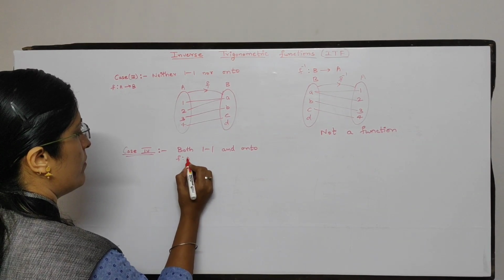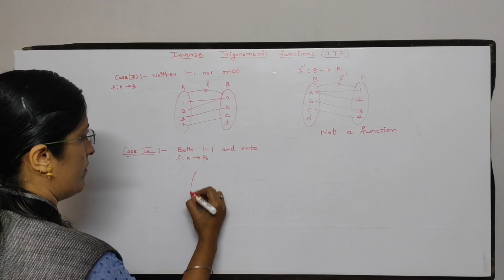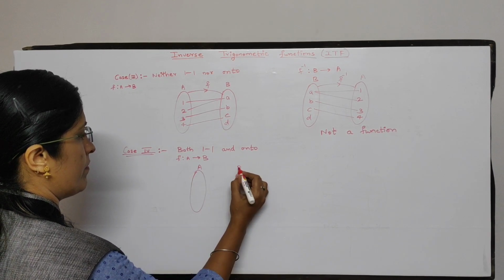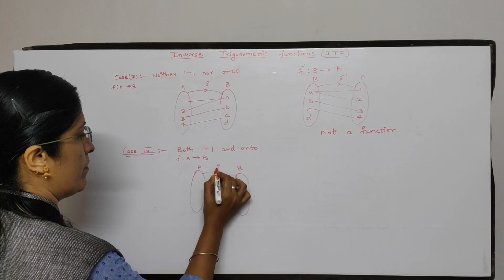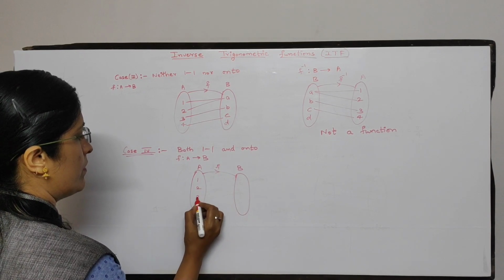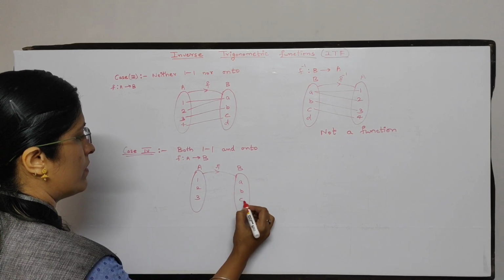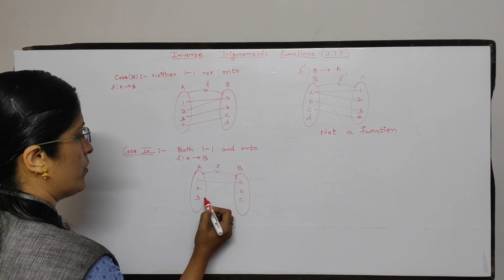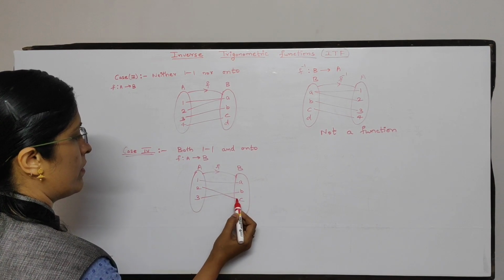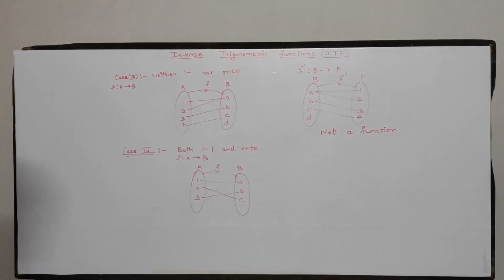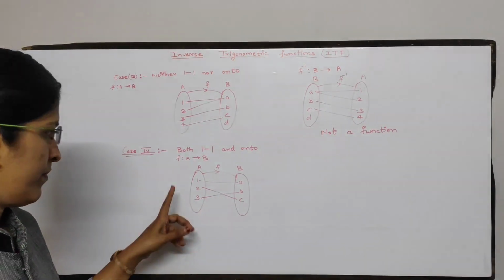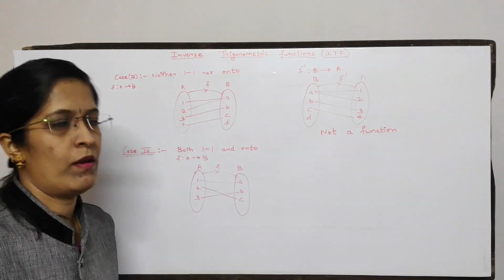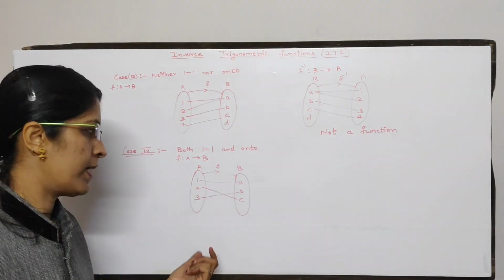F is a function from A to B. One, two, three, A, B, C. Check whether this is a 1-1 and onto function. 1-1 first, let me check it. All the hostel boys are getting room. 1 boy, 1 room, right.